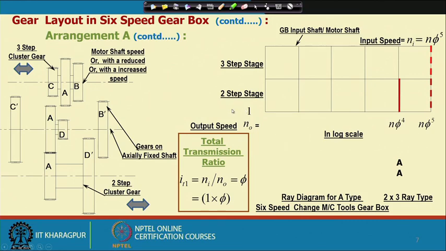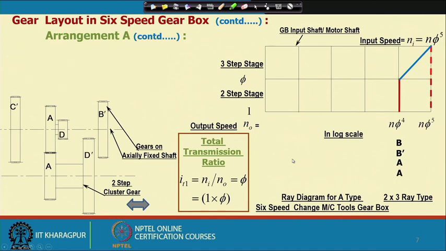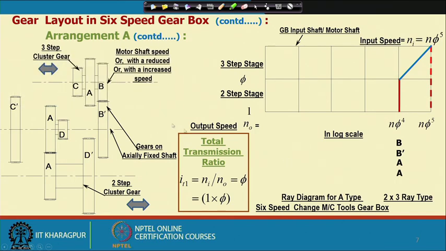That we cannot consider, because we need only a single phi, which is available in the third stage. So, that is achieved by connecting B with B dash. Okay. So, we will connect that one, and this is the gear connection, and we get the transmission ratio phi.